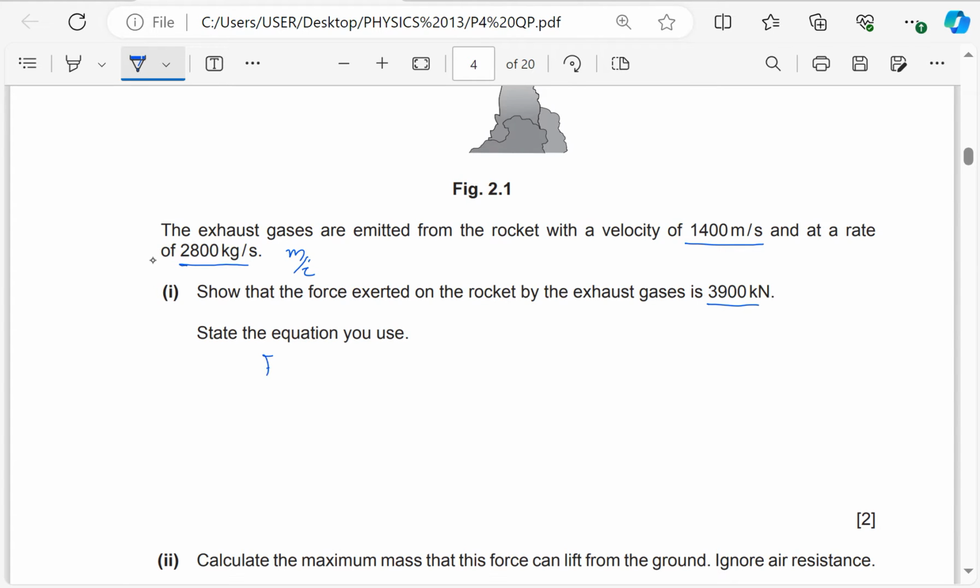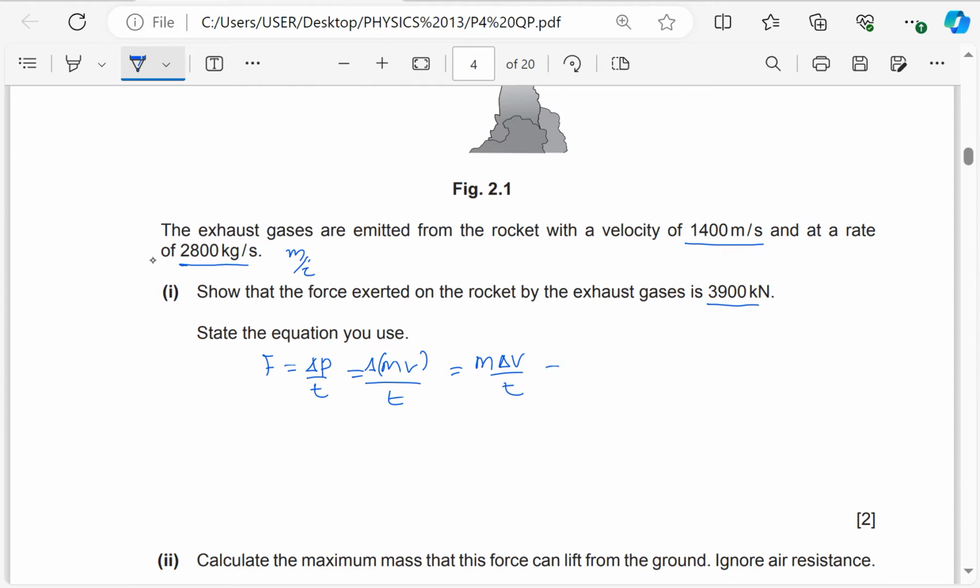We know that force is equal to the rate of change of momentum, and change in momentum is mass times change in velocity, so force is m times change in v divided by t. So this could be m times change in v over t.